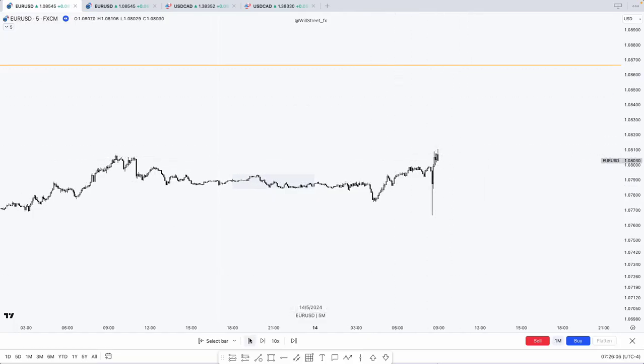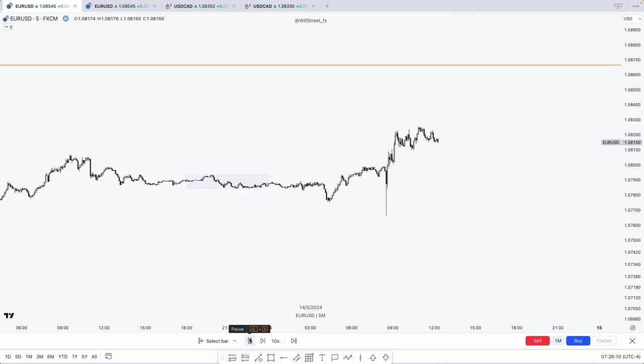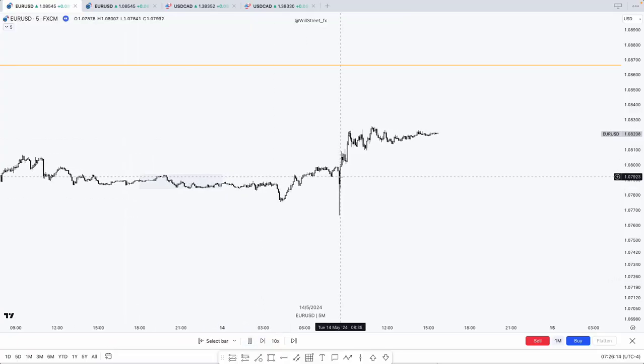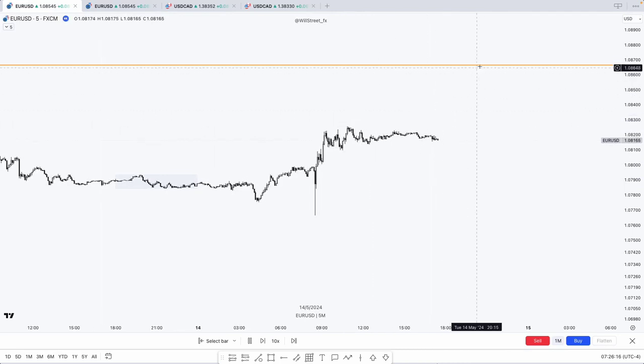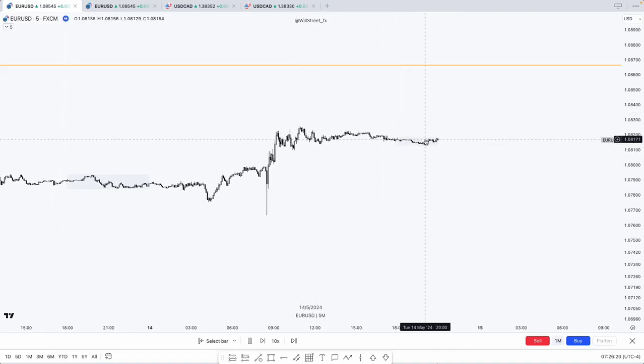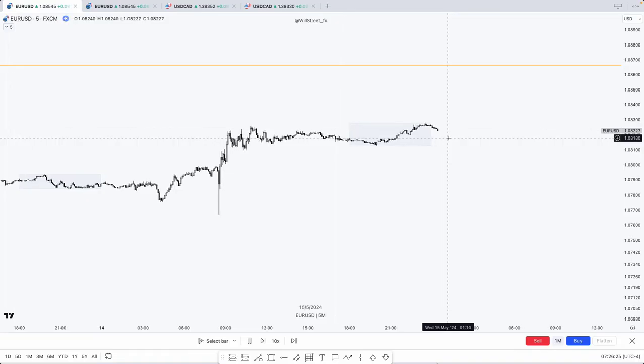And final down liquidity. Remember, what's the best that could happen to us? This down liquidity remains intact. Why? We already know the bias for, in this case, Wednesday, 15th of May.